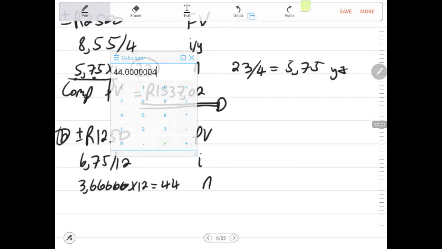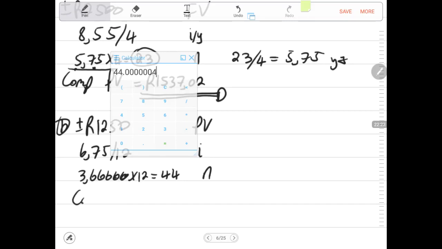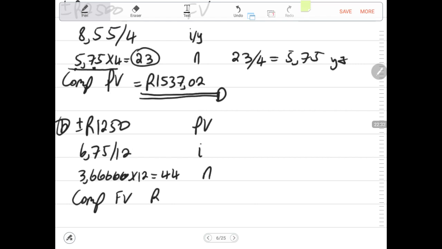Then after, what are we computing that is missing? We are looking for the future value. How much is the future value? Don't forget to press second function alpha 00 to clear the calculator. Plus minus 1,250 is the present value. 6.75 divided by 12 is our interest.